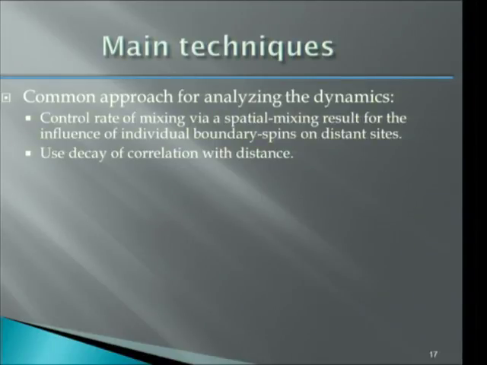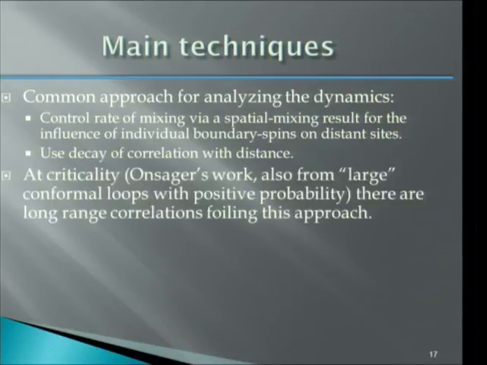You want to characterize how fast the correlation decays between sites. So if you show that the effect of changing a single site in the boundary decays exponentially in the distance, you sort of sum over these and you get what you want via a series of manipulations.